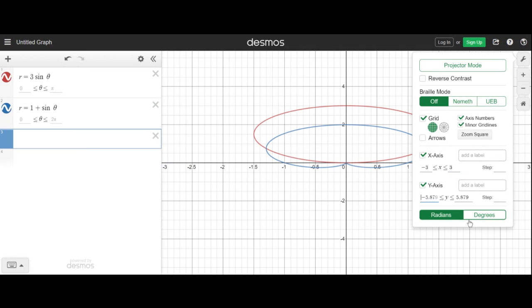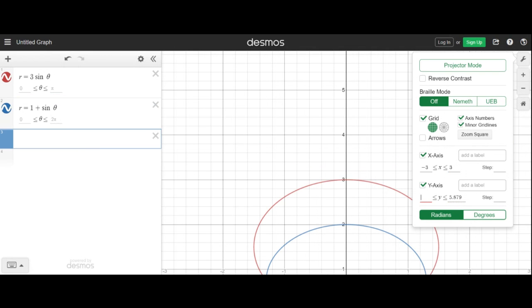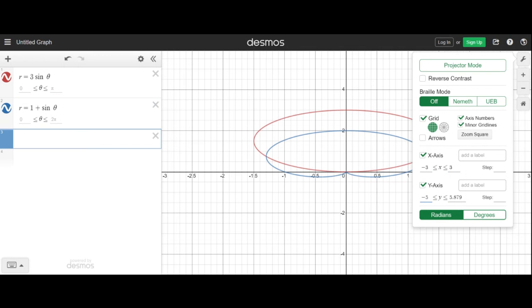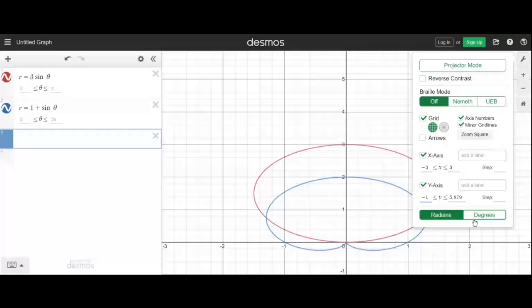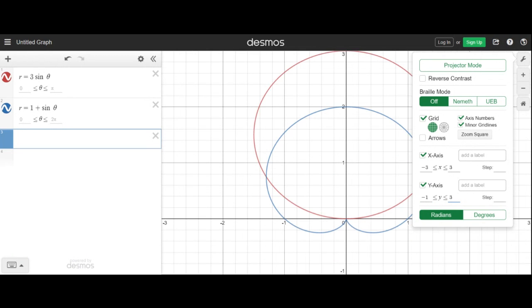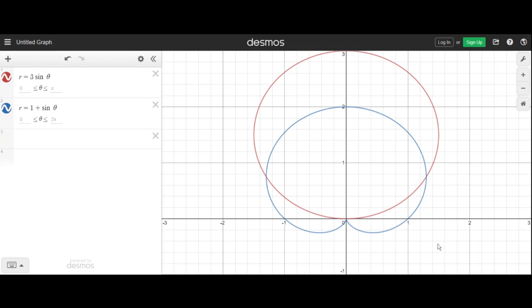And on the y-axis, let me go from, maybe this wasn't a good idea. I liked how it looked before. That's okay. All right, that's nice.